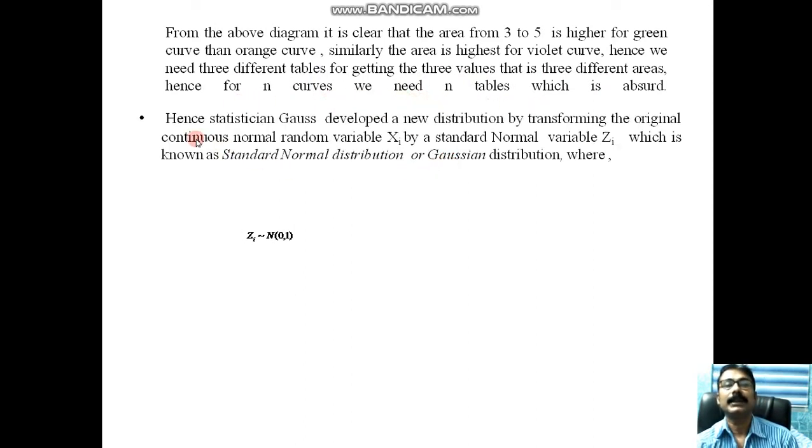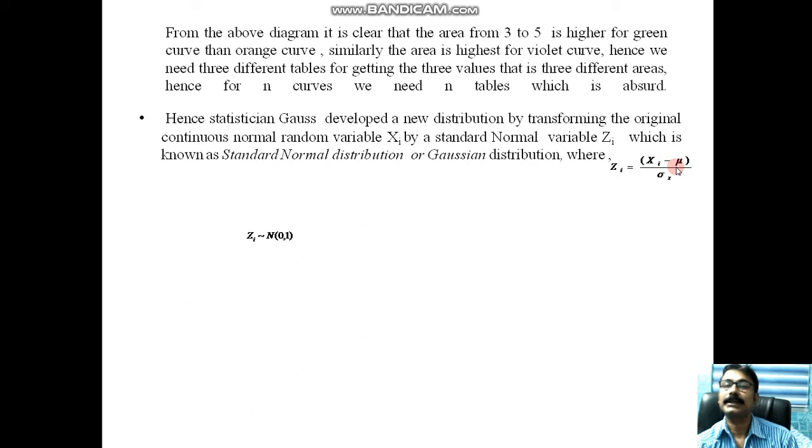That is why the statistician Gauss developed a new distribution by transforming the original continuous random variable xi into a standard normal variable zi, which is known as the standard normal distribution or Gaussian distribution, where zi equals xi minus mu by sigma x.